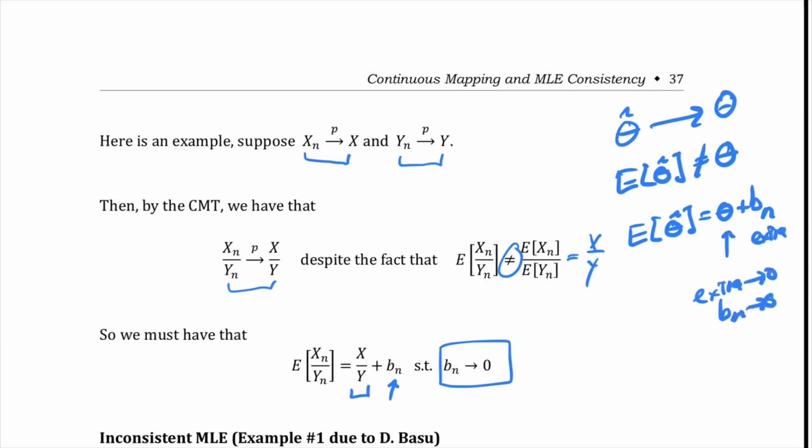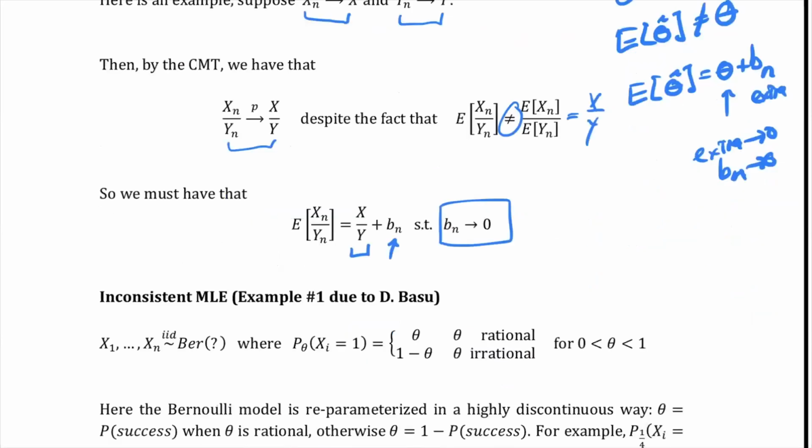It's disappearing as the sample size gets big. Does that make sense? It's a little bit like saying you're always going to be off by a fraction of the sample size. Let's say I'm going to be off by 3 observations. Well, when I have 6 observations, I'm off by 50%. When I have 100 observations, I'm off by 3%. When I have 1,000 observations, I'm off by 1/3%, et cetera.